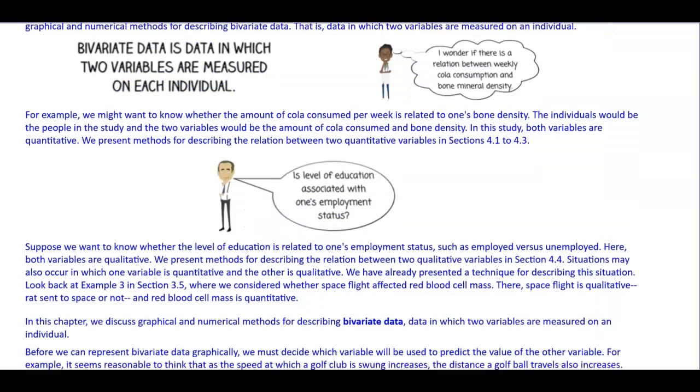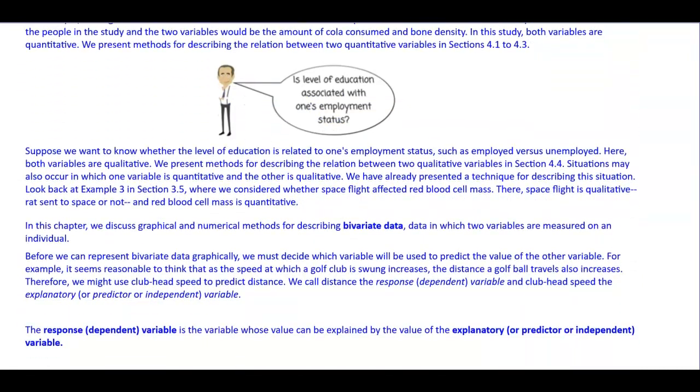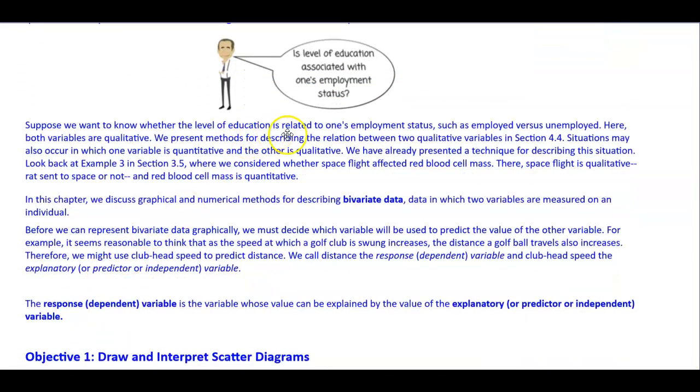Now, suppose we want to know whether the level of education is related to one's employment status, such as employed versus unemployed. Here, both variables are qualitative. We present methods for describing the relation between two qualitative variables in section 4.4. Situations may also occur in which one variable is quantitative and the other is qualitative.